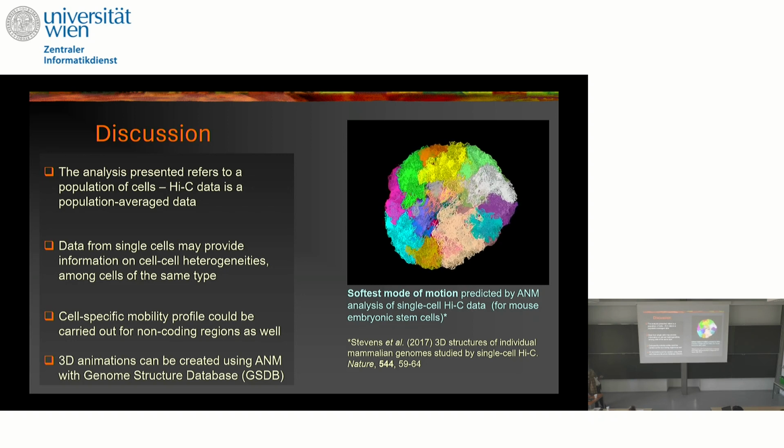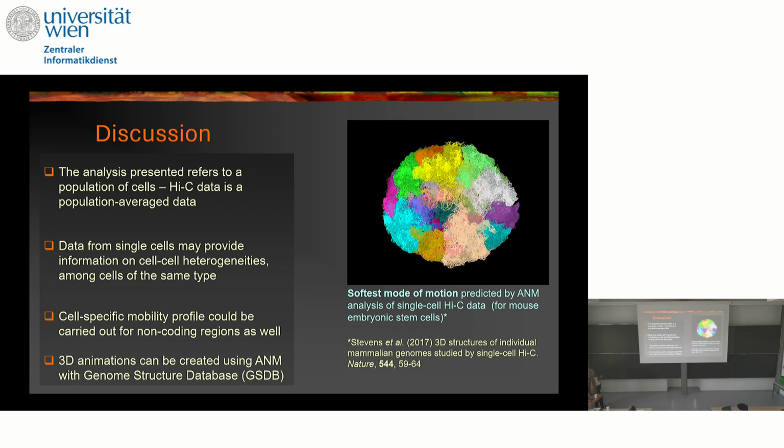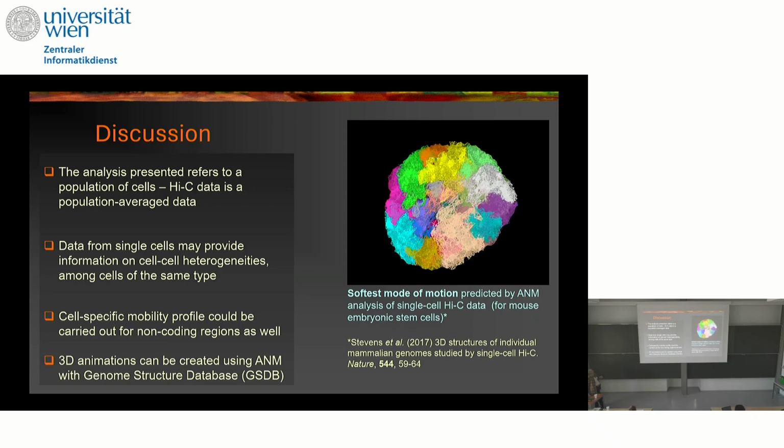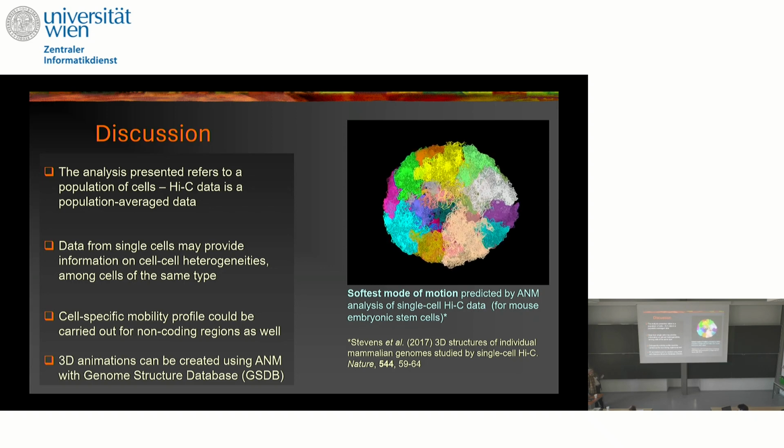Again, we're using population Hi-C data, not single cells. But after all, the ingredient of the theory is the probability of contact. So we're happy with population average behavior. It is possible to carry out cell-specific mobility profile calculations using data.